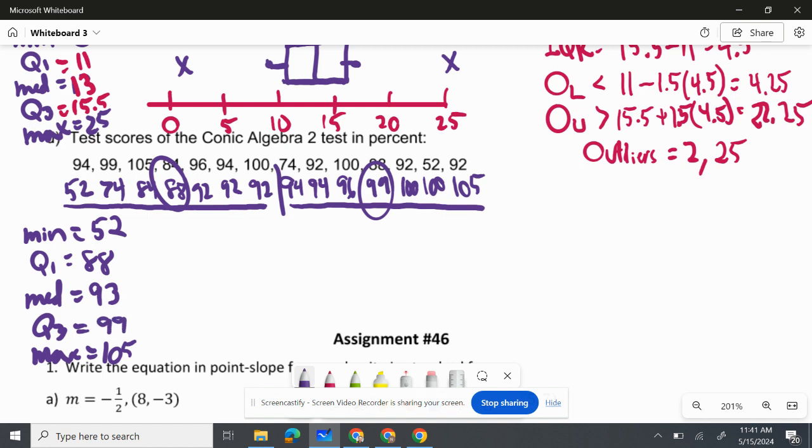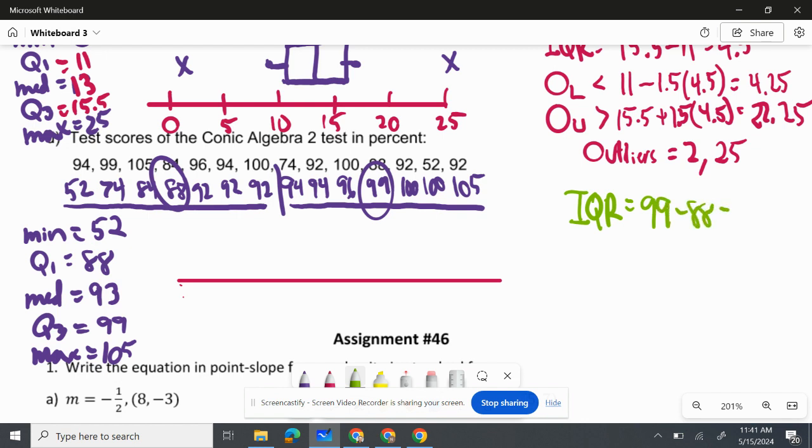And we're going to look for our IQR. So we have our IQR, which is 99 minus 88, which is 11. And then our lower outlier would be everything less than 88 minus 1.5 times 11, which is 71.5.